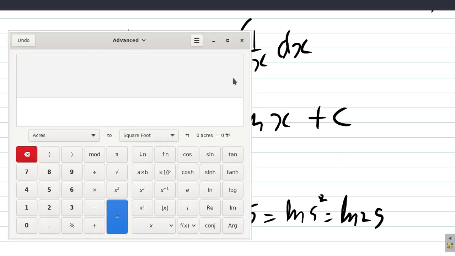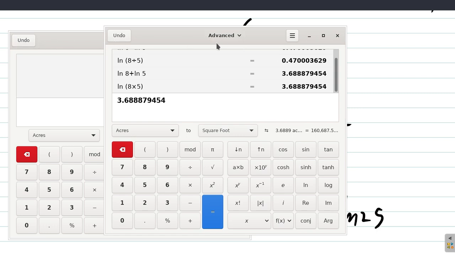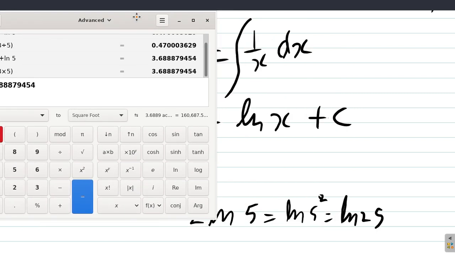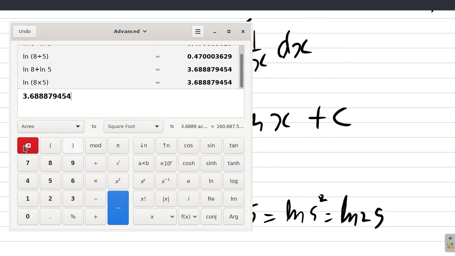So what we have is ln 5 equals that. Multiply by 2. You get 3.2188 and so on and so forth. Now let's find ln 25.